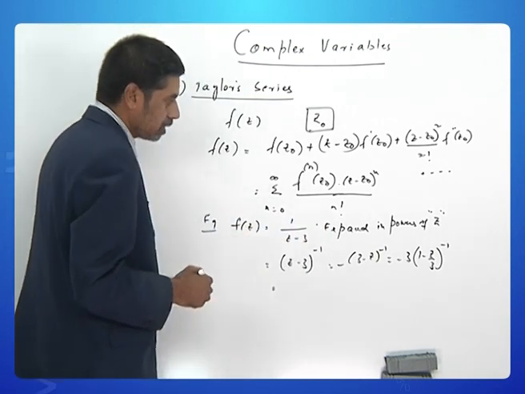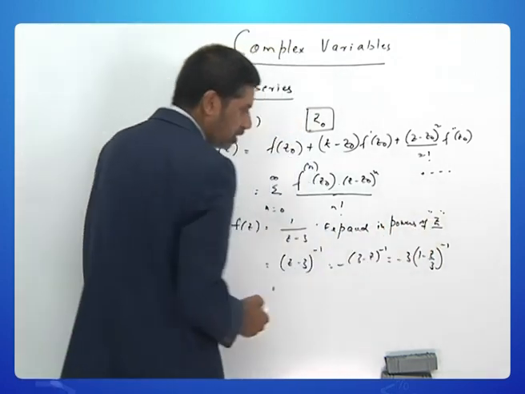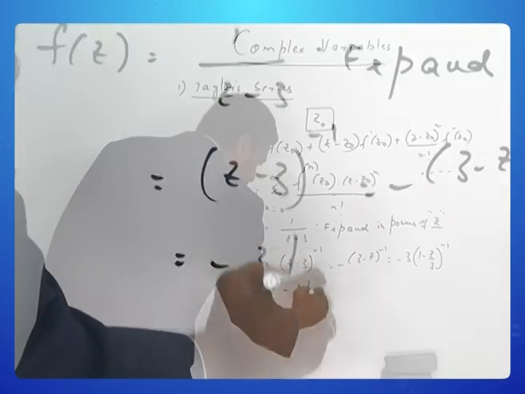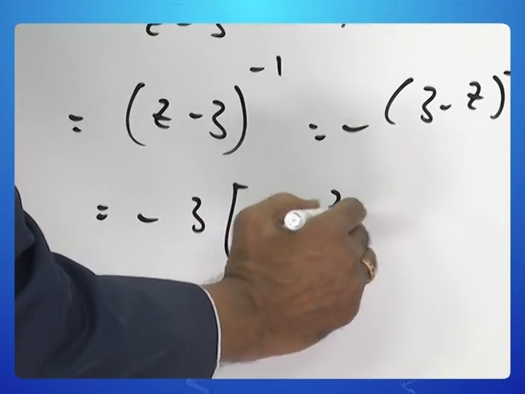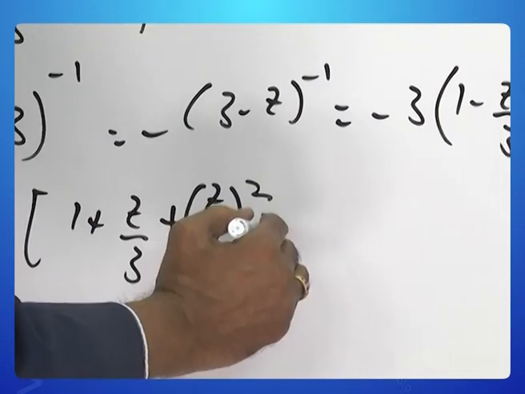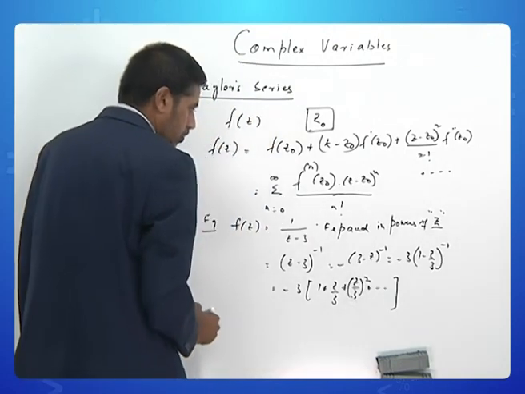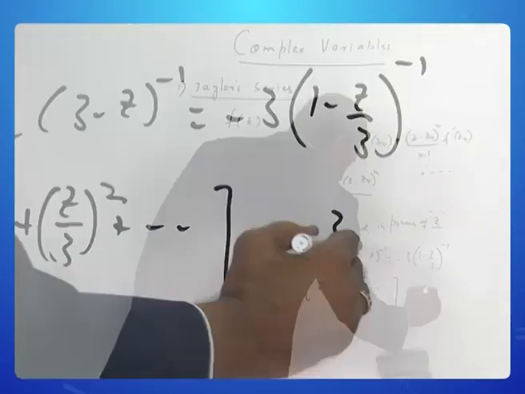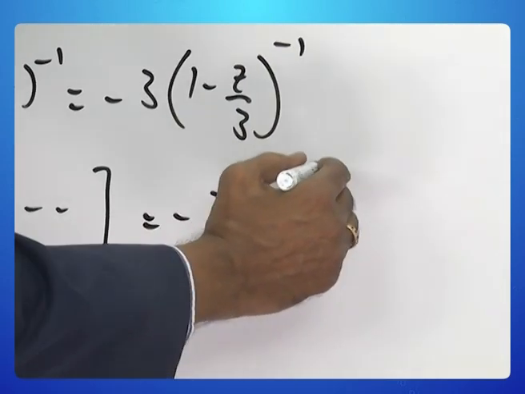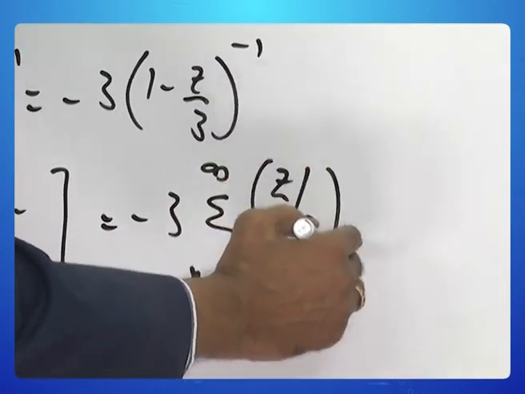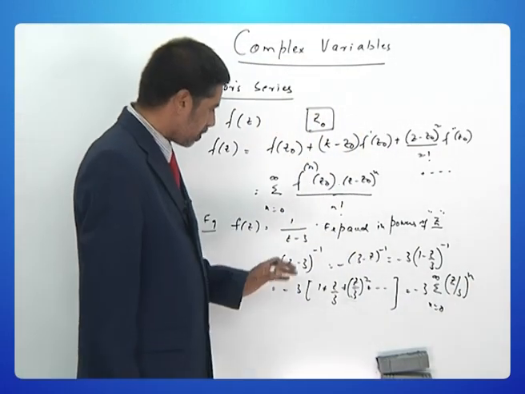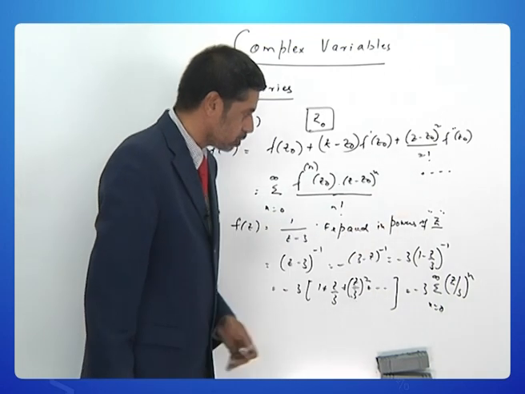Because we want in powers of z, we are looking for the Taylor's or Maclaurin's expansion. So this will be minus 3 into 1 plus z by 3 plus z by 3 whole squared and so on. So you can also summarize this as minus 3 summation n is equal to 0 to infinity z by 3 to the power of n. So this will be the Maclaurin's expansion of this function about z is equal to 0.